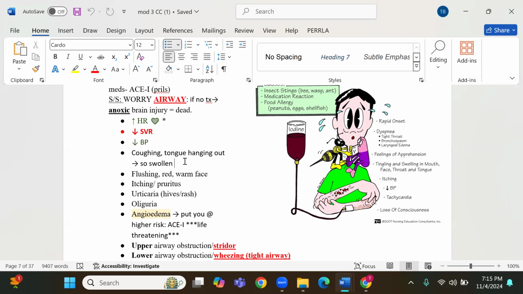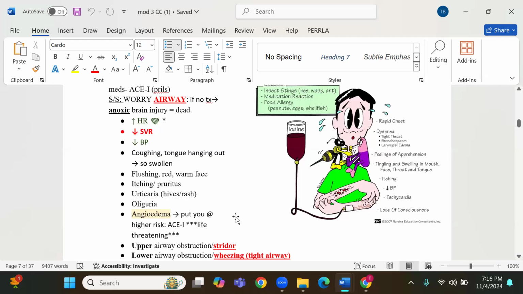And so just remember, angioedema is maybe a word you might see again, right? But flushing, red, warm face, itching, urticaria, oliguria, which is very low urine output. So there's a couple of facts that you're going to have to remember with this. Watch the urine output. Low urine output is going to be a good sign to you.